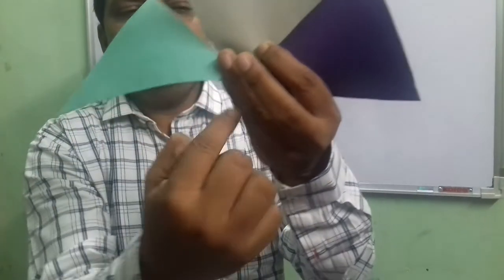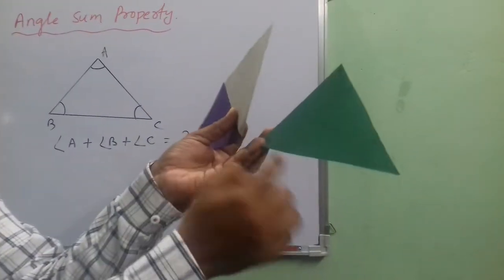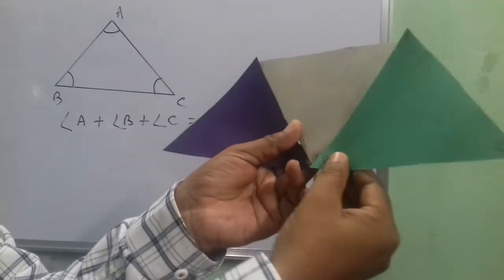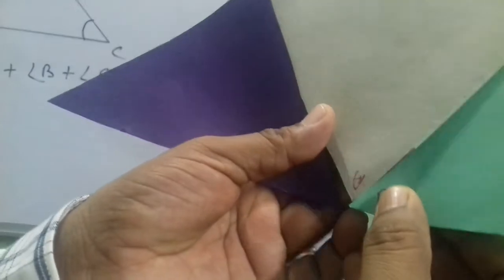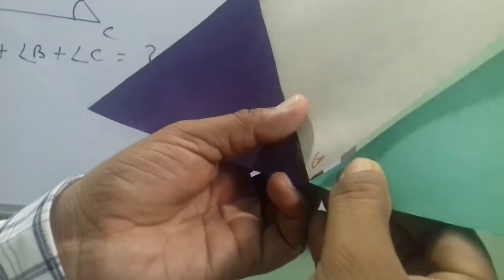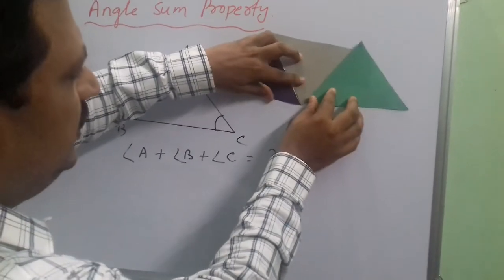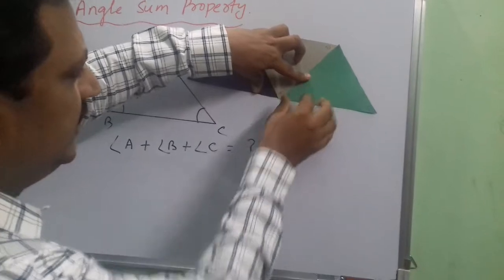And at this point you can see we have angle A, angle B and angle C. I have taken angle A, B and C, and when I align them, they make 180 degrees. Okay, we can draw a straight line also.